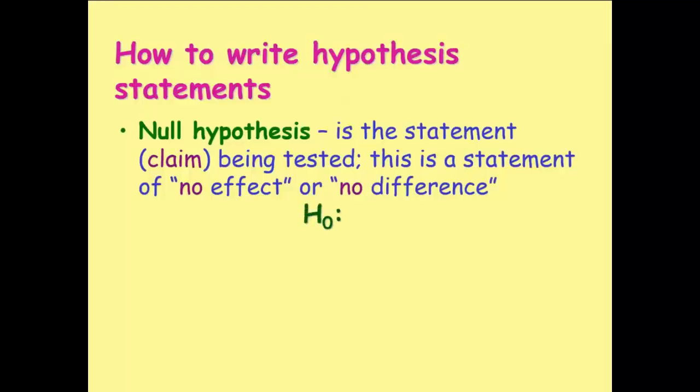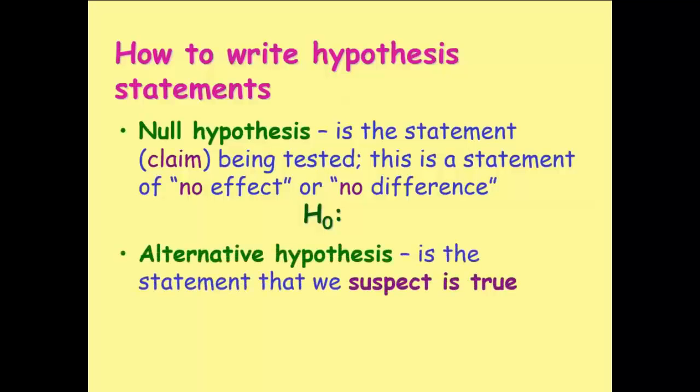And the notation for that is H sub 0, H naught, if you have some science terminology in you. Then the other statement is the alternative hypothesis, and this is the statement that we are trying to gather evidence on, or that we suspect has some merit to it. And we label that one as HA, or alternative hypothesis.